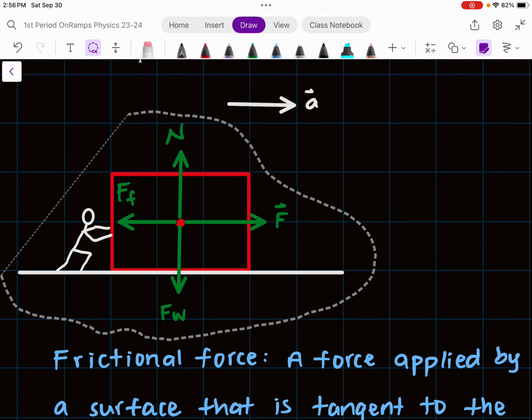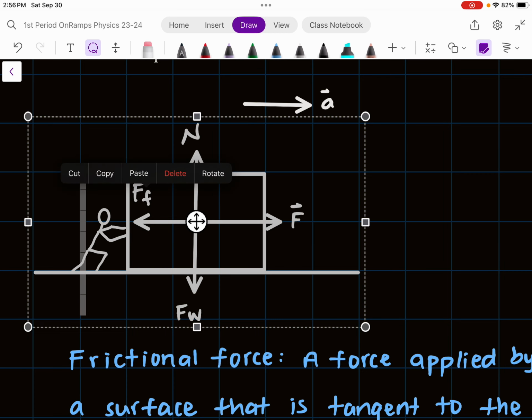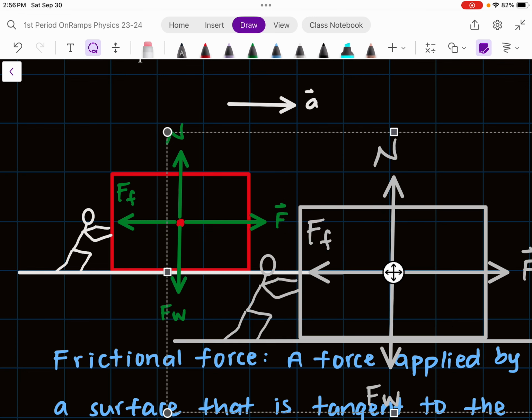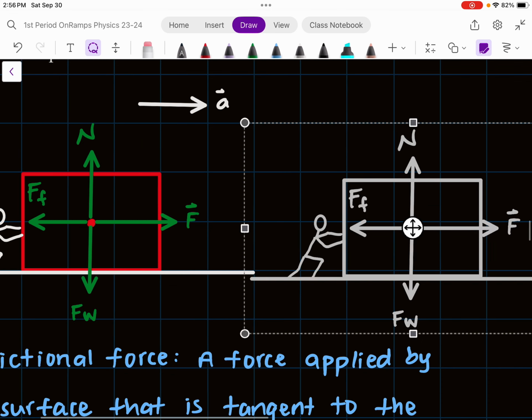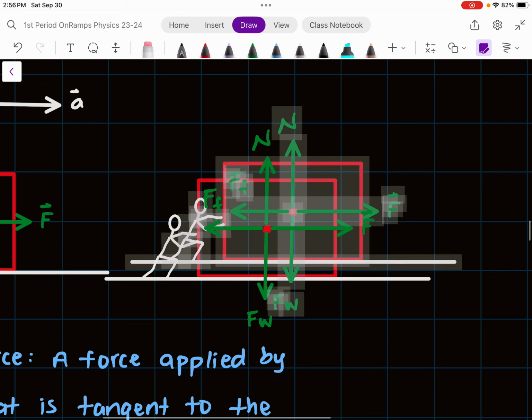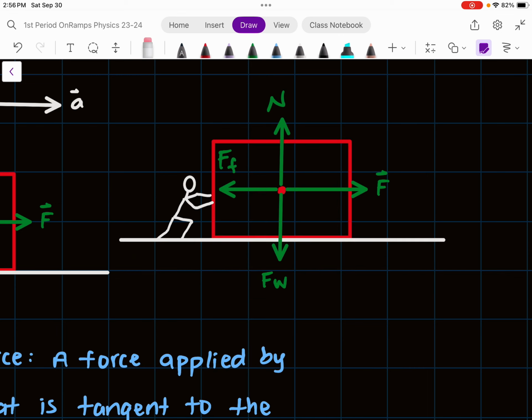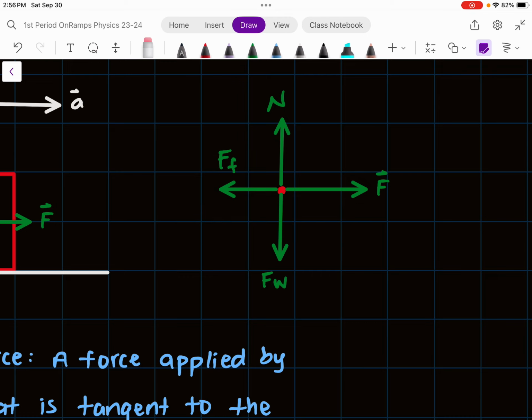So sorry for those of you who already watched the other one that it didn't draw the correct free body diagram. There you go. Now let me just get rid of all this stuff. There's my free body diagram.